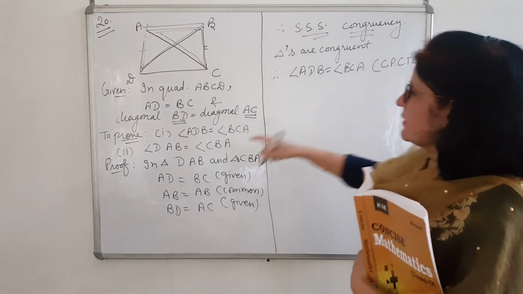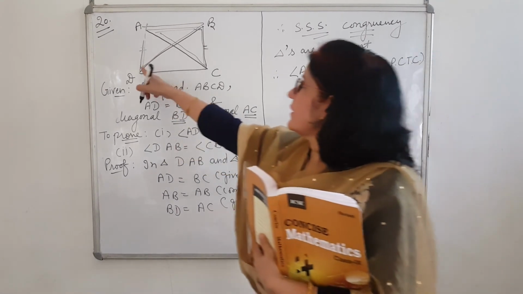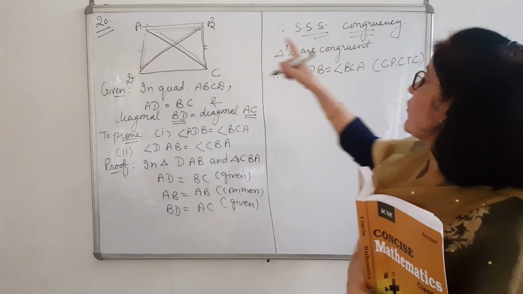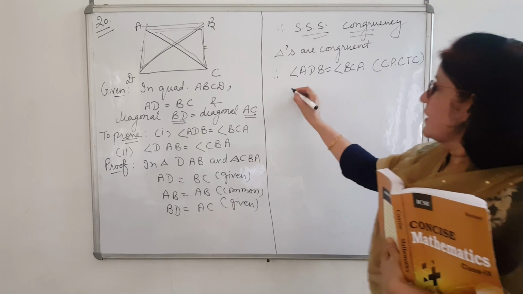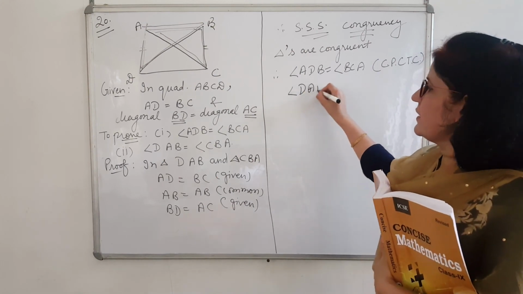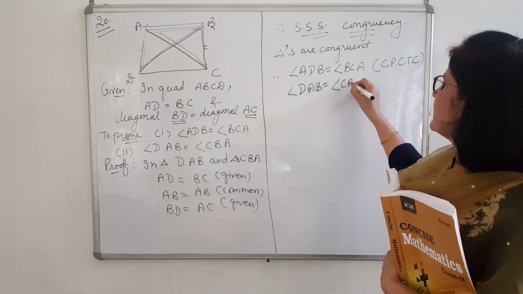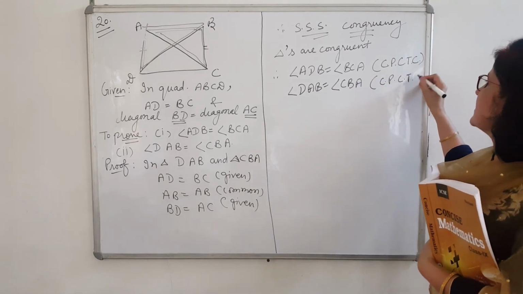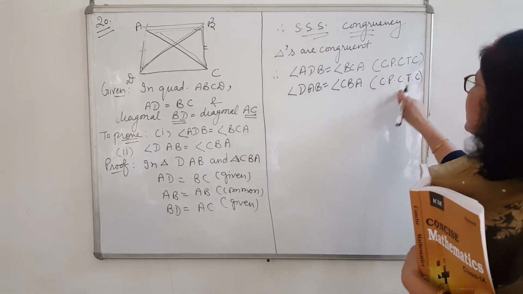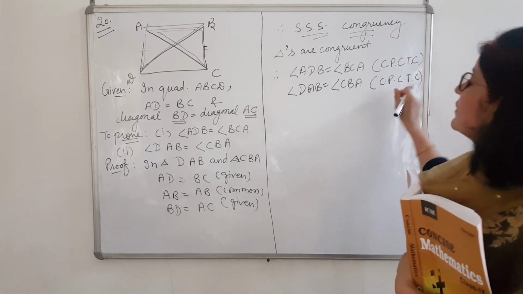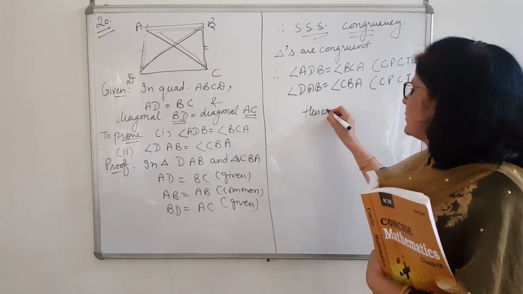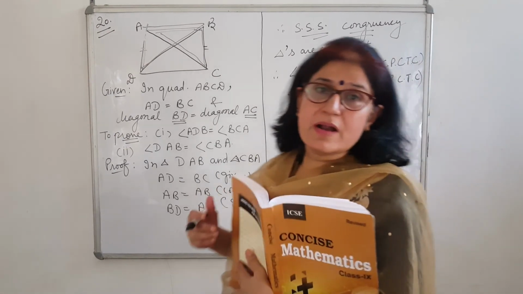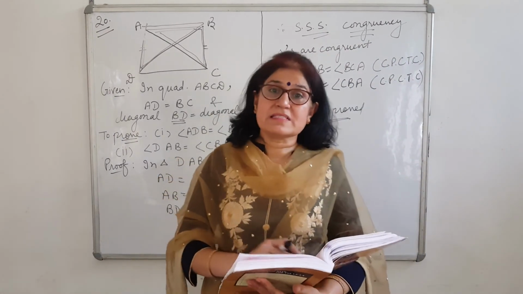What is the other angle? DAB. Angle DAB is equal to angle CBA. That is also because of this congruency. Same reason, by CPCTC, meaning corresponding parts of congruent triangles are congruent. They are equal. Hence proved. So the remaining parts of this exercise are solved by the same properties.